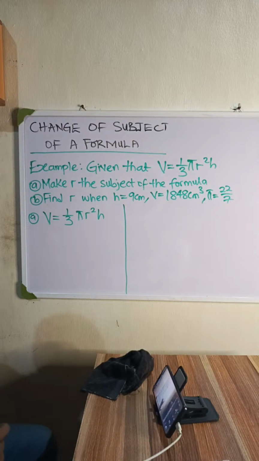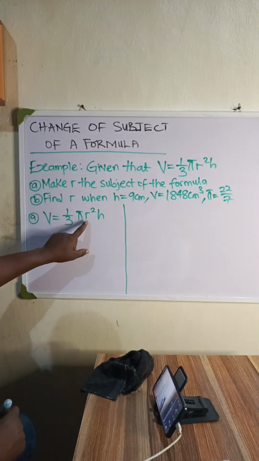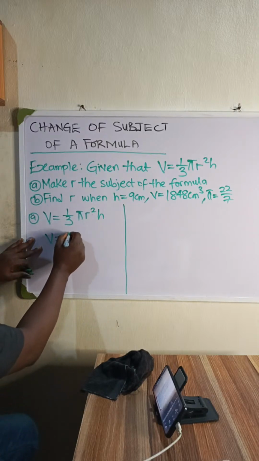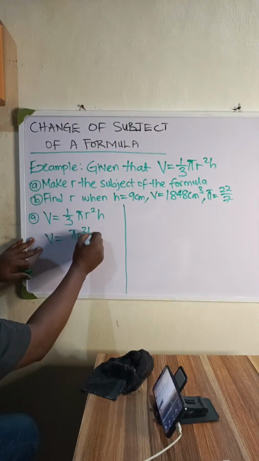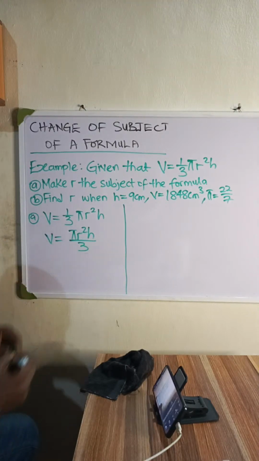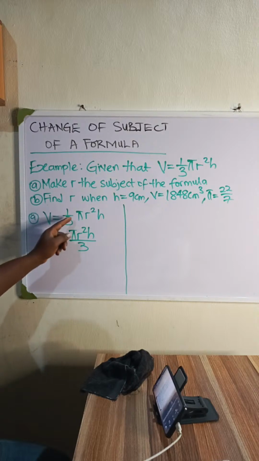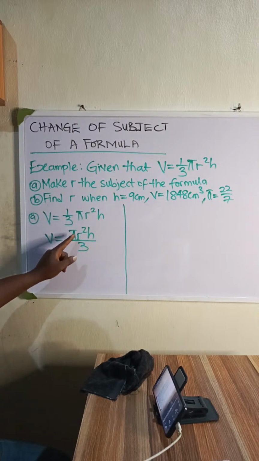So how do we do that? First thing, 1/3 pi R square H can be written as V is equal to pi R square H all over 3. Is that correct? 1/3 pi R square H is the same thing as pi R square H all over 3.